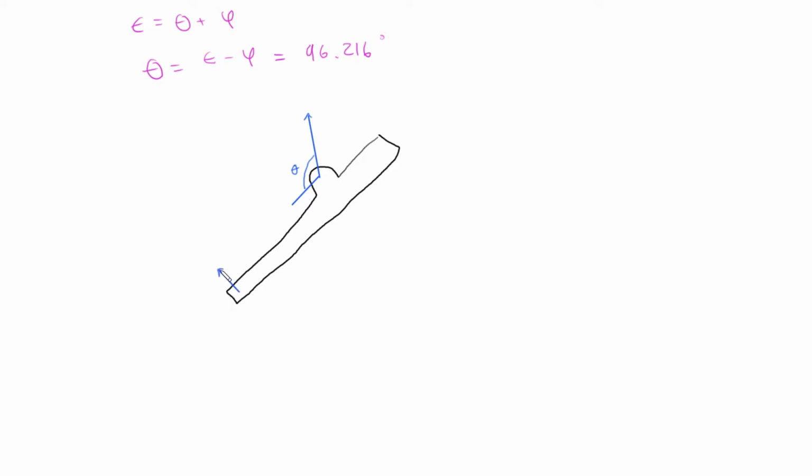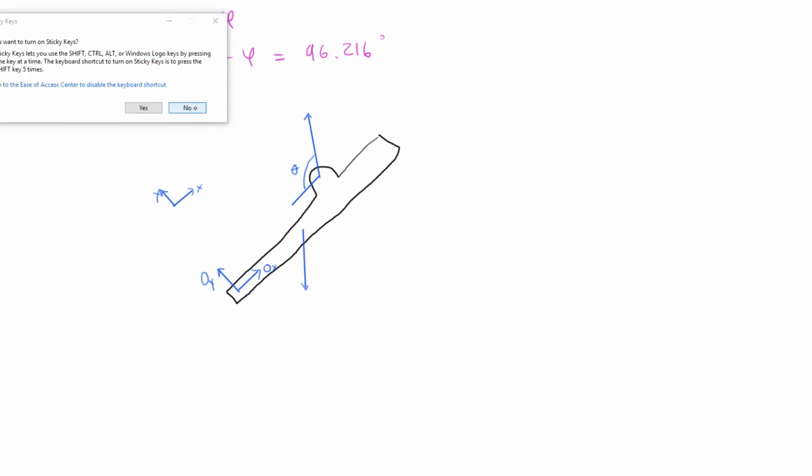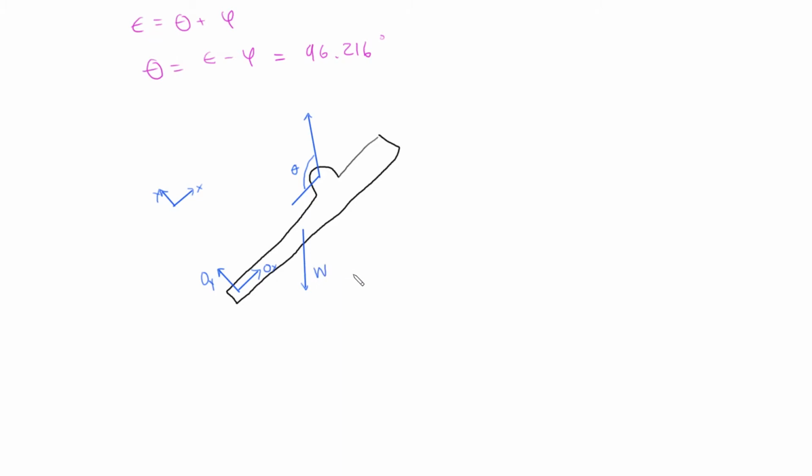You could define these arbitrarily, but I'm going to follow the coordinate system that we defined earlier, which is going to be like this. So this is going to be x, and this is going to be y. And then the weight force is being applied vertically downward. Sorry about that, this is going to be the weight force.